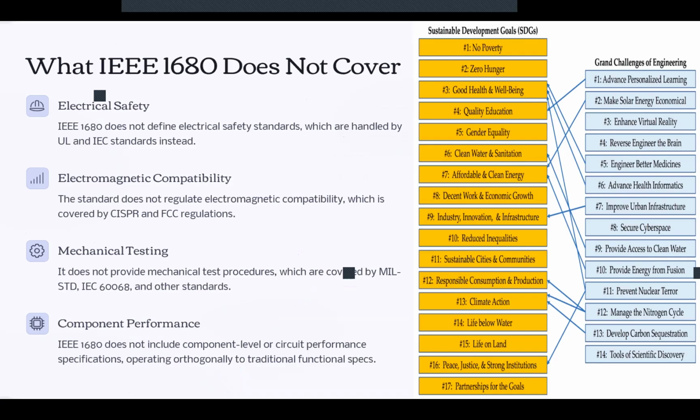Electrical safety is completely outside of this standard. If you wanted to know if something will shock you or catch fire, you need to look at the UL or IEC standards. It doesn't cover how the device manages electromagnetic interference. That's the job for a CISPR standard or the FCC.